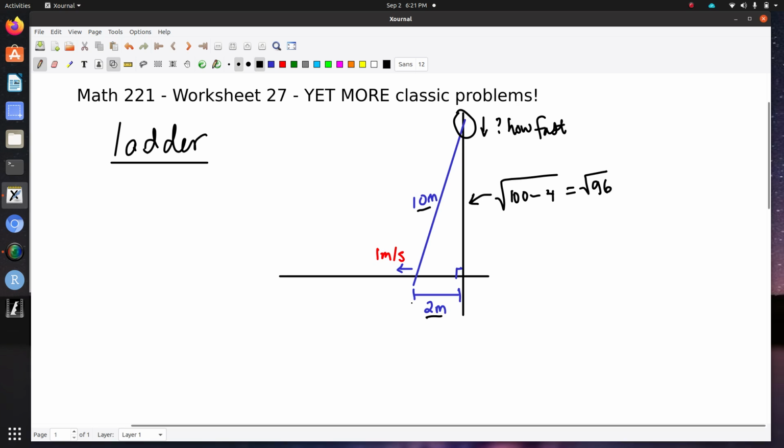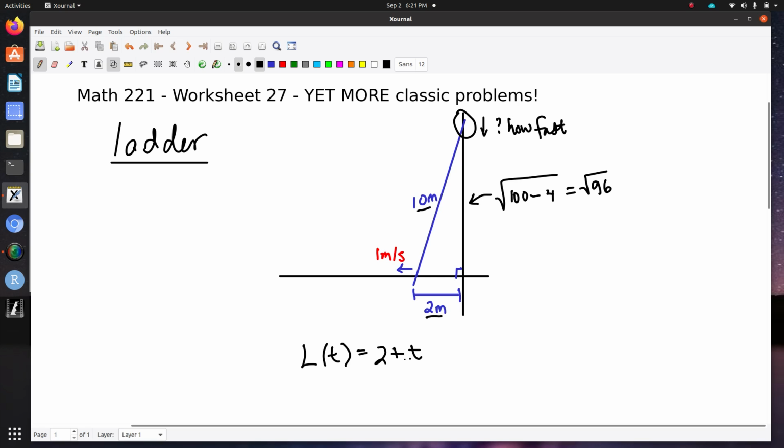So now let's figure out what this leg of the triangle looks like over the course of time. In that case, let's call it L, the length of the leg. As a function of time, it is going to be 2 plus t, because it's 1 meter per second. If it were 2 meters per second, we would put a multiplier in front of that t, but it's 1 meter per second.